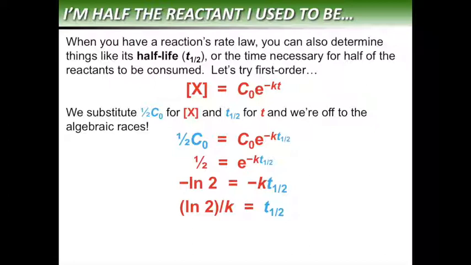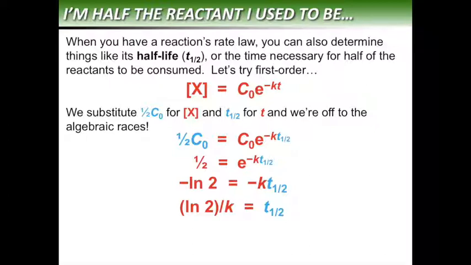Bear in mind that for other reaction orders, it's going to be a different expression because we don't actually have the same math going on. In this case, we had a natural log that allowed us to cancel out the C naughts. The nice thing about this is that you'll notice that as long as I don't mess with temperature, which could potentially change k, t1/2 for a first order reaction is a constant.